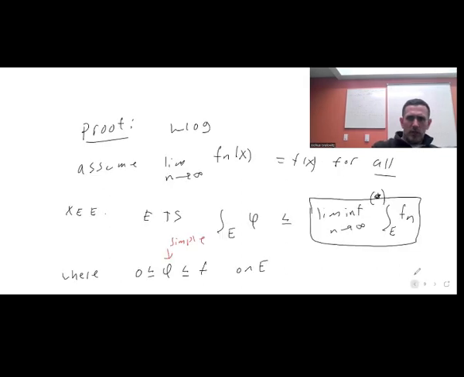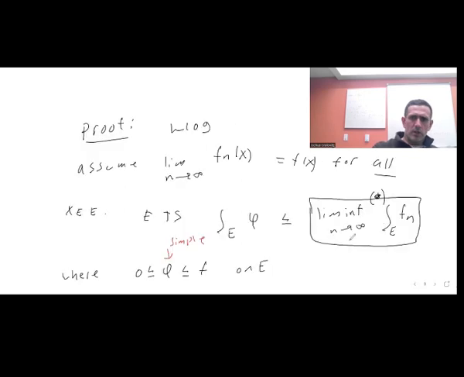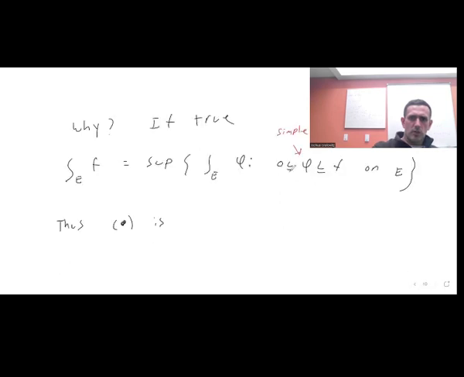Okay, so what does that mean? That means that this quantity here is an upper bound for all these integrals over all these simple functions that are between 0 and f. Let me call this I, the set of all these integrals over simple functions. So this is an upper bound for I.